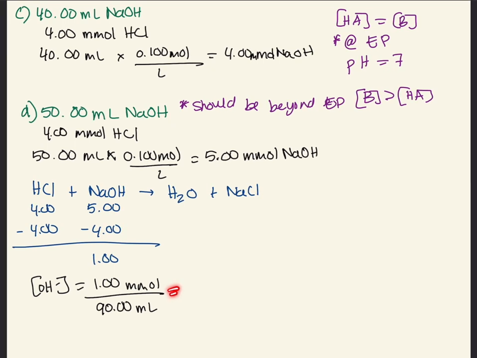And that gives me a concentration of hydroxide equal to 0.0111 molar. Now I can calculate the pOH by getting the negative log of that. So when I calculate the pOH of this, I get 1.95.